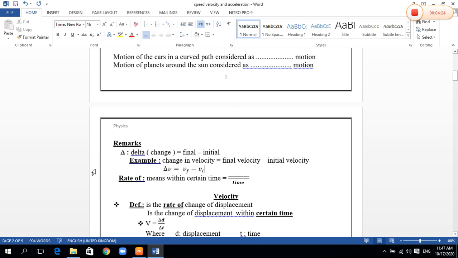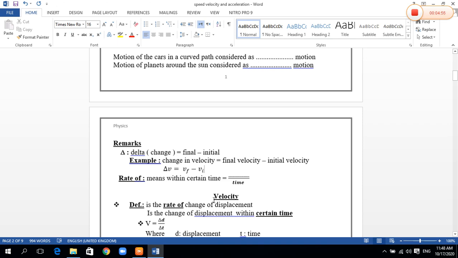Now what about the rate of? The words rate of mean within a certain time, mathematically represented by the rate of change of something, meaning this thing over the time. If we say that velocity is the rate of change of displacement, this means it is the change of displacement within a certain time.